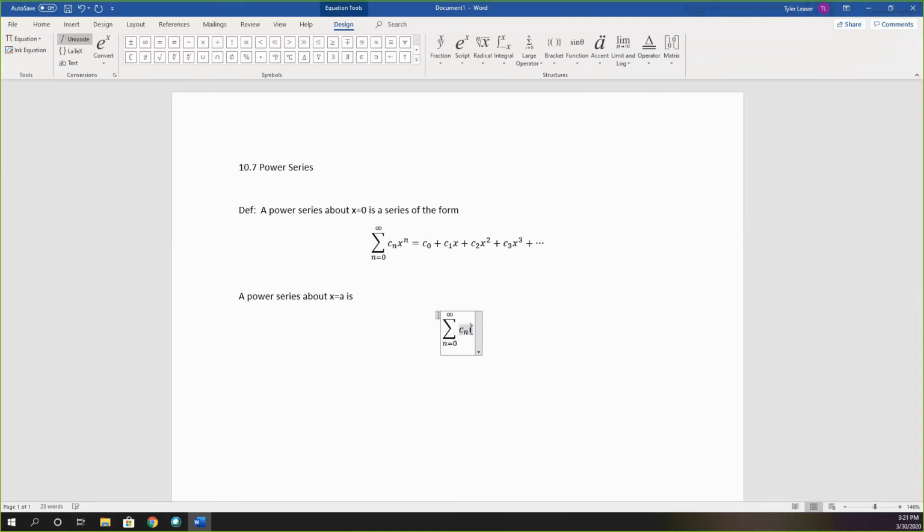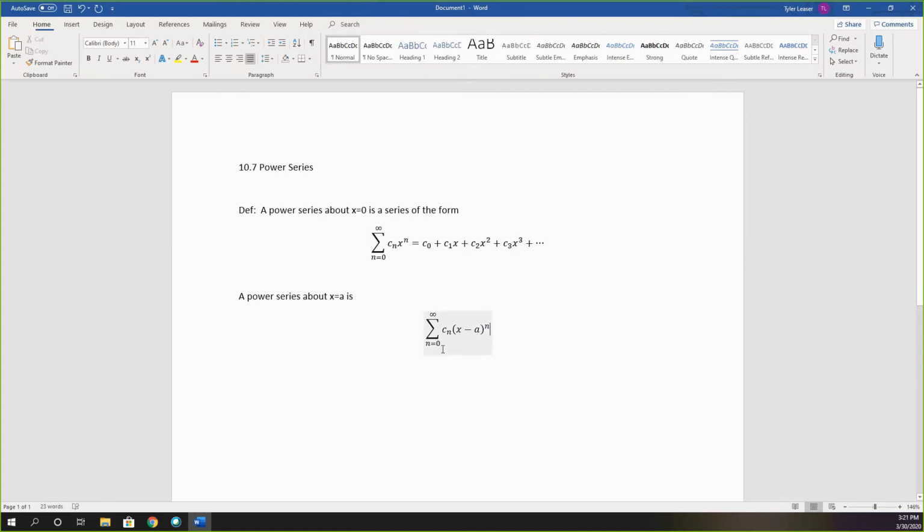Still have our constants out in front, but now we're just shifting our function to the right by a, or to the left if it's a negative a, to have this new power series. So with this power series, we've got a that we have here. It's called the center. And of course, we have our coefficients, being c to the n.